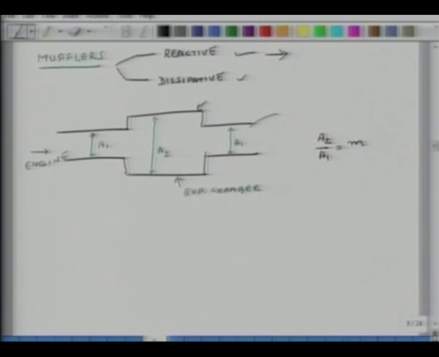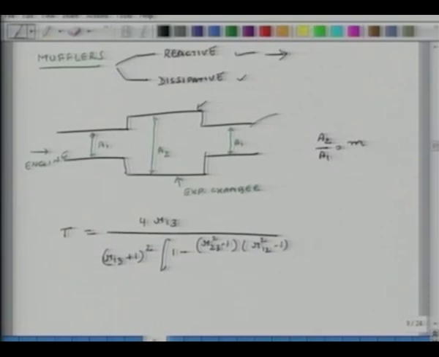From the earlier discussion, we know that transmission coefficient is 4R13 over (R13 plus 1) whole square, times 1 minus (R23 plus 1)(R12 minus 1) square over (R13 plus 1) square, times sine square K2L.